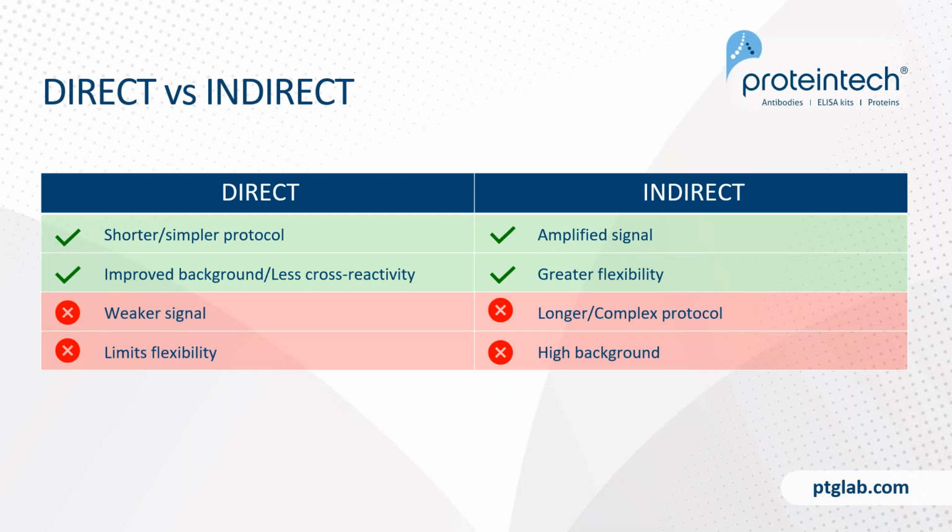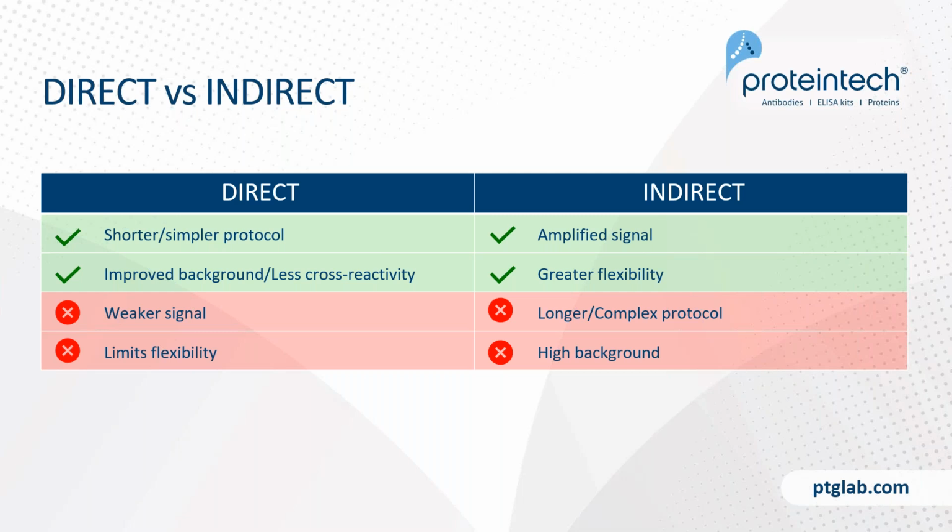So whether you choose direct or indirect is completely up to what you're looking for in your experiment. Direct immunofluorescence is good because it reduces the time of your protocol, and also is really good if you have a highly abundant antigen, as this will improve the background and have less cross-reactivity. However, as mentioned, you will get weaker signal and it also limits flexibility because you can only use this one fluorophore for that target.